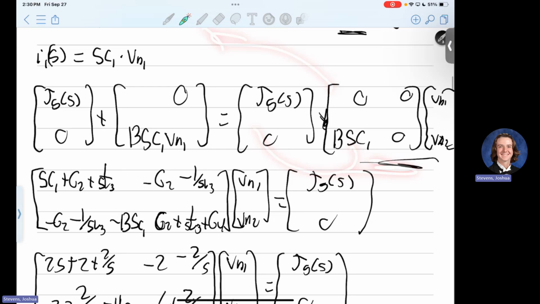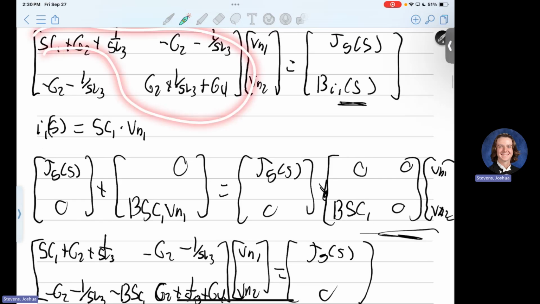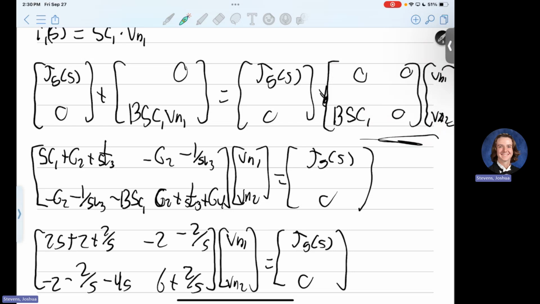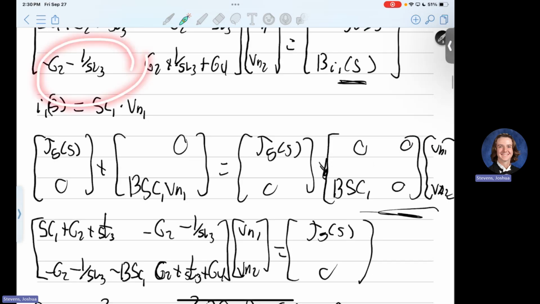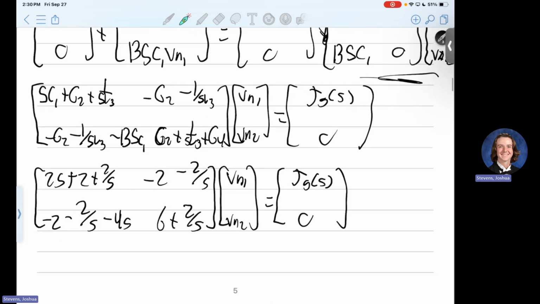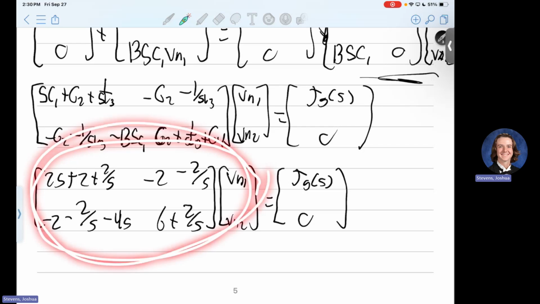Nothing changes in these three parts because there's nothing in those parts. The only thing that changes is I subtract that term there by beta SC1, because I'm trying to combine like terms in the equation. Then the equation looks like that. Does that make sense? And when I plug in the values, I get that.